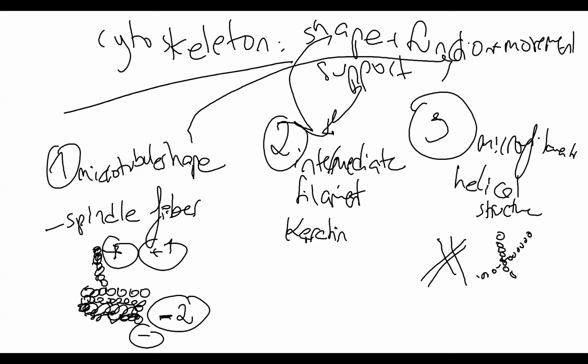These microfilaments are also functional, not just structural. Intermediate filaments are more structural than functional. Microfilaments help in the contraction of muscles. Not all of them, but only one of them, which is actin.